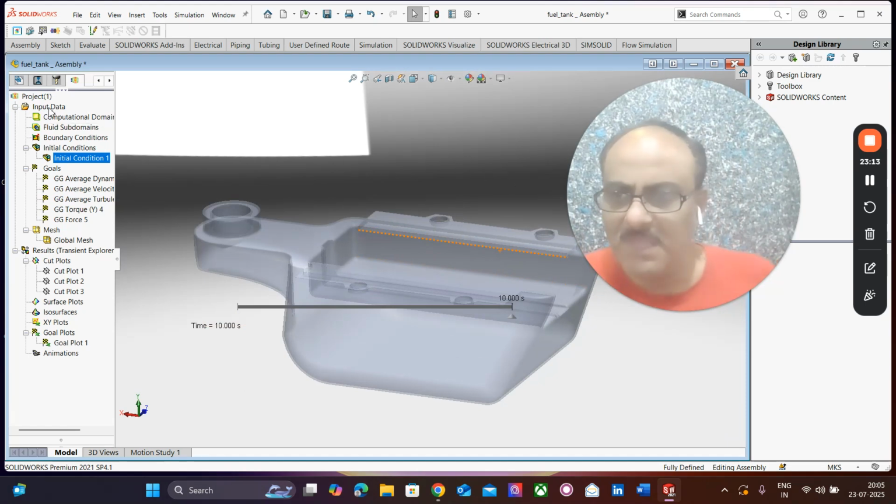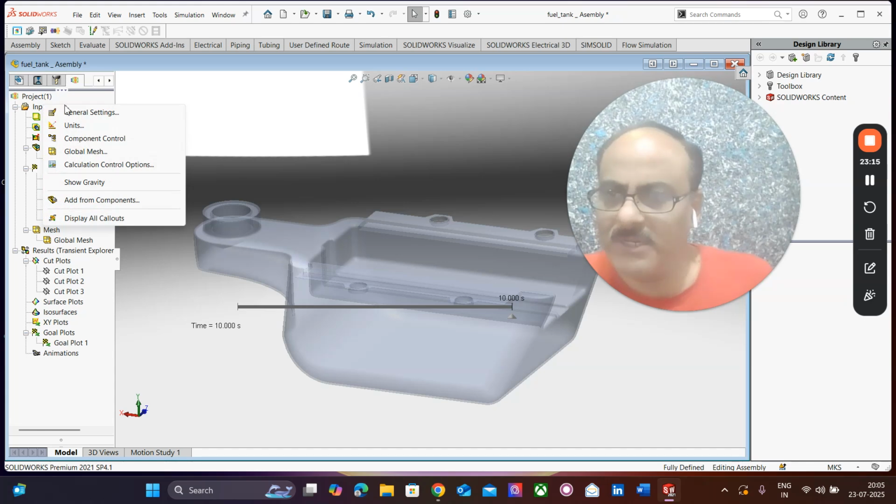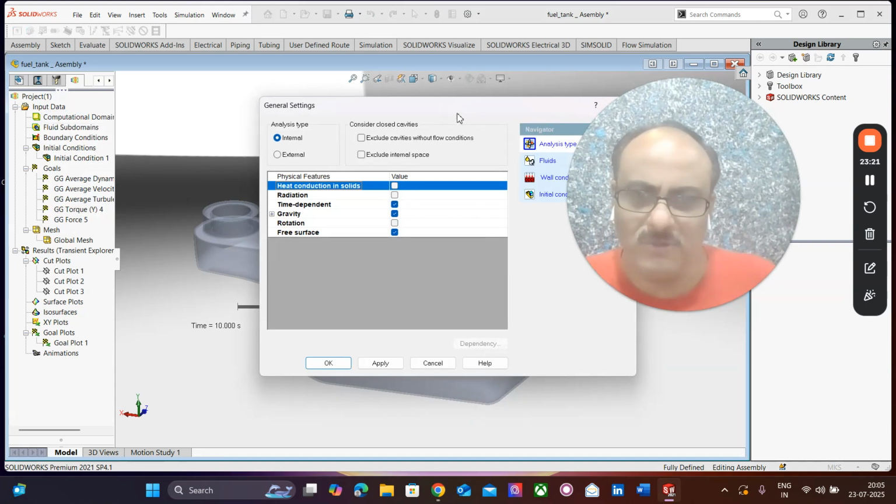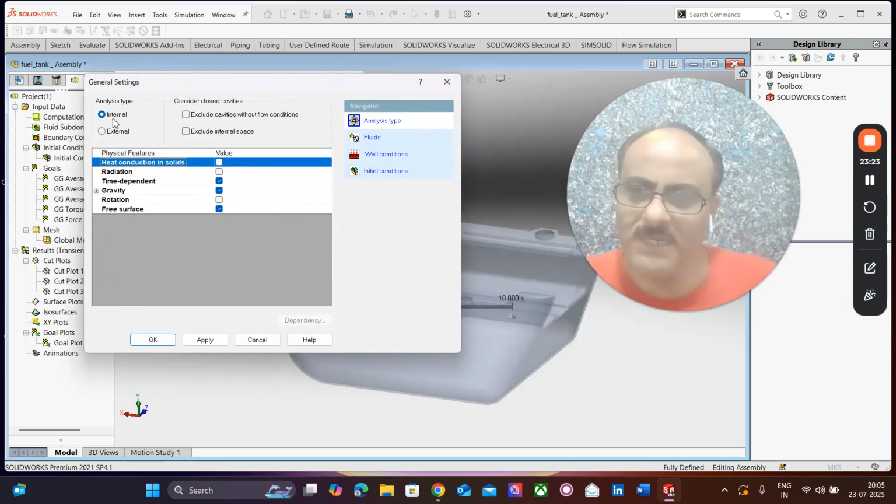There is going to be a time, and based on that time we decide how the system is going to behave. So here it's internal aerodynamics, and we also give that there is a time dependency involved, and this is purely a case where there is going to be inertia and gravity involved.